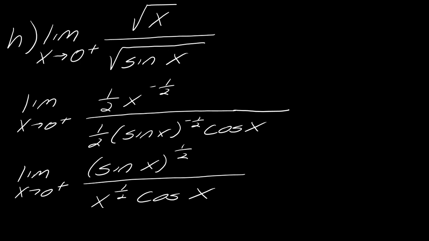Ideally, after you've taken the derivatives and simplified, you should see an end in sight. If you have to continue to take derivatives, there should be some progress. Notice that after taking this first derivative, I'm almost back to where I started, but now I have an extra cosine x in here. So this is not progress, but let's take one more derivative and see what happens. So let me clear some space.